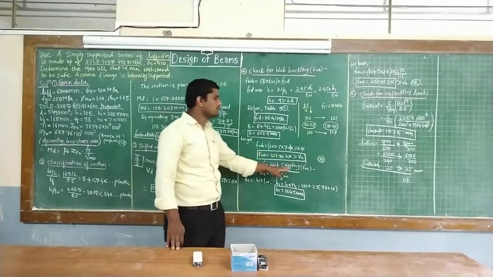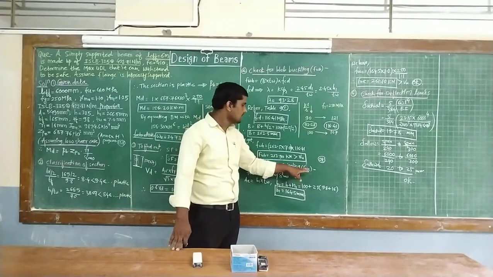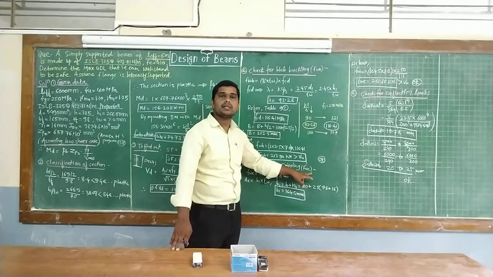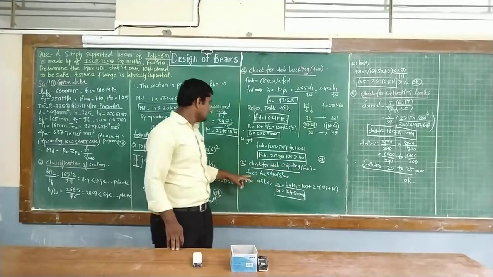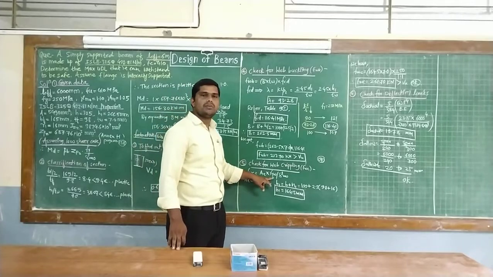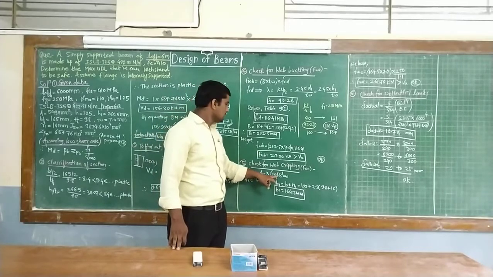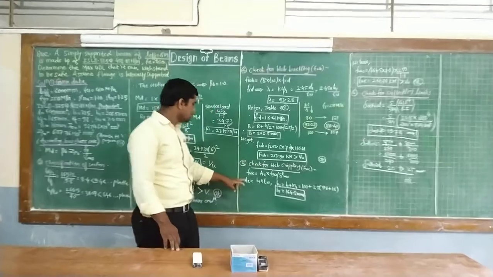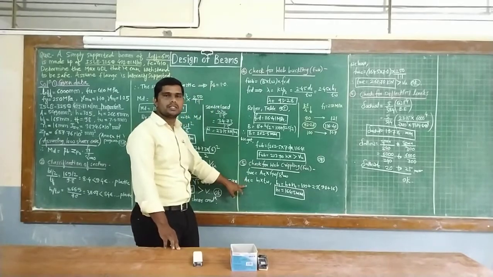Next, check for web crippling, that is Fw c, where c stands for crippling. So Fwc is equal to the effective cross-sectional area into fyw divided by gamma m0. Before that, we are going to find the effective cross-sectional area.